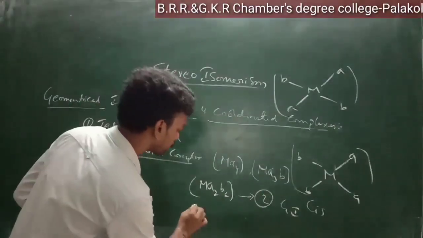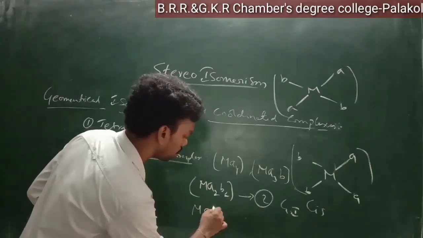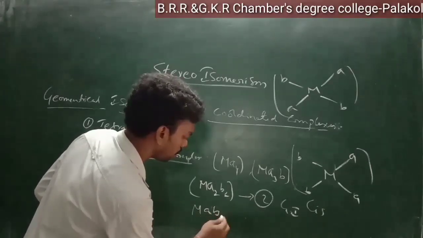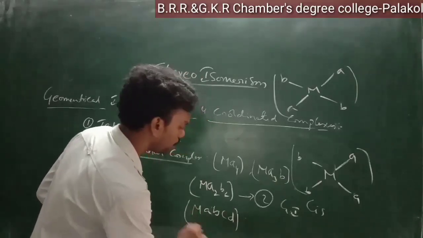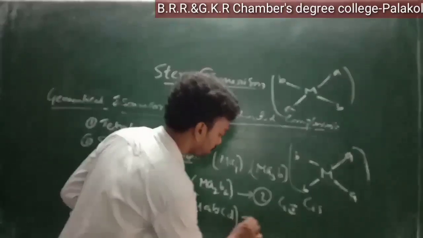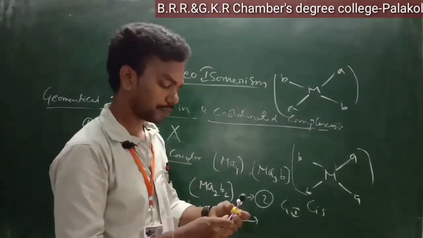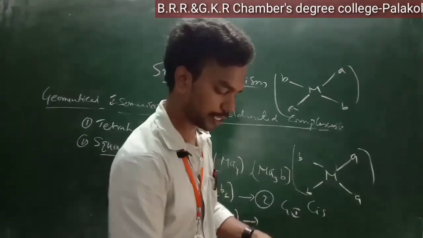Okay. Next, M A B C D. That means 4 ligands are different. If the 4 ligands are different, that means all these 4 ligands are different. Let's take an example.